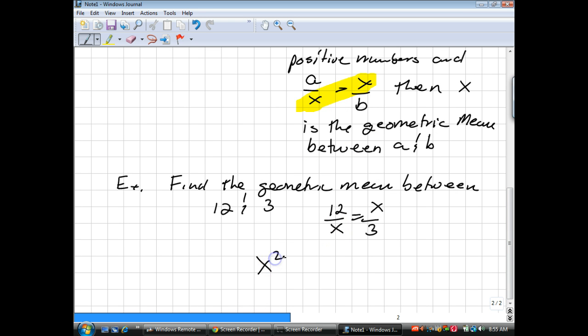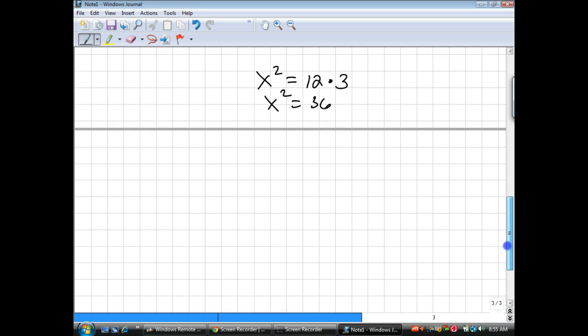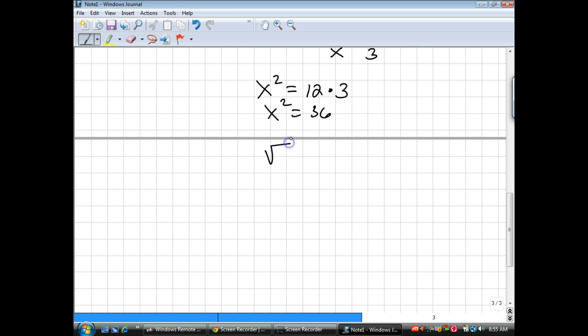So we get X squared is equal to 12 times 3. That gives us X squared equals 36. Then we don't want to know what X squared is, we want to know what X is, so we take the square root of both sides. So X equals 6. Okay, because the square root of 36 is 6.